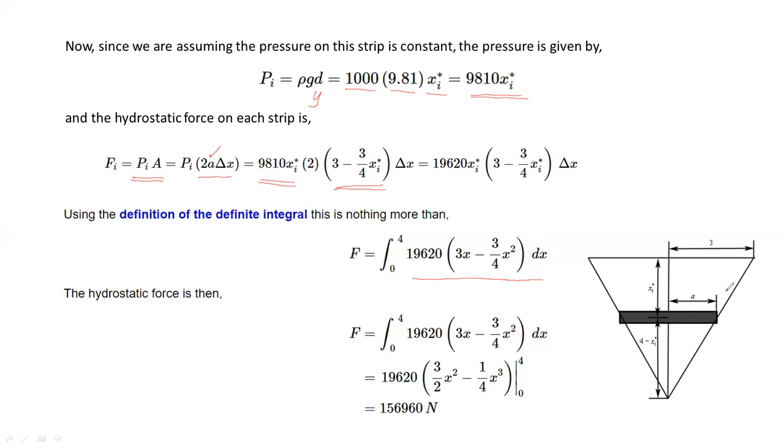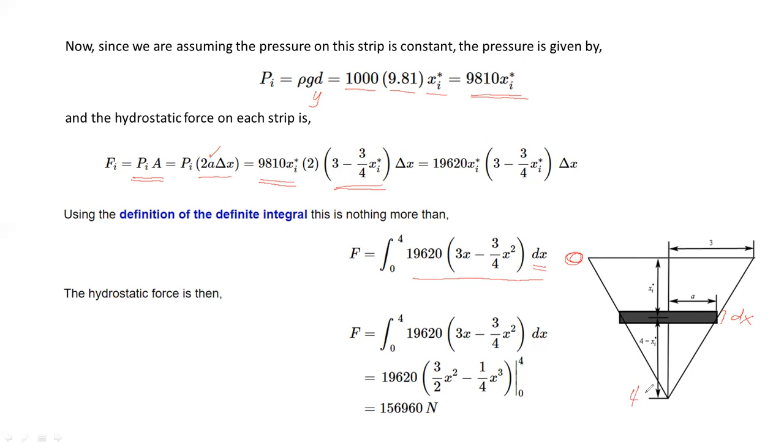So since we want to account for this hydrostatic force, the total hydrostatic force for this entire triangular face or triangular plate, then this dx that we have here should tell us that our limit of integration would be starting from 0. This is where our 0 is, to 4 as we go down.